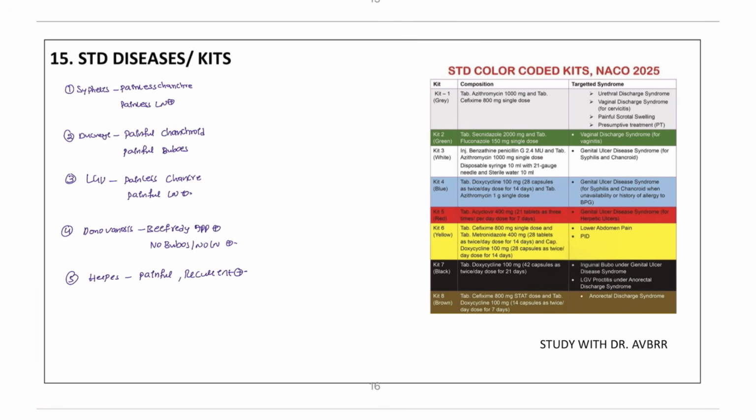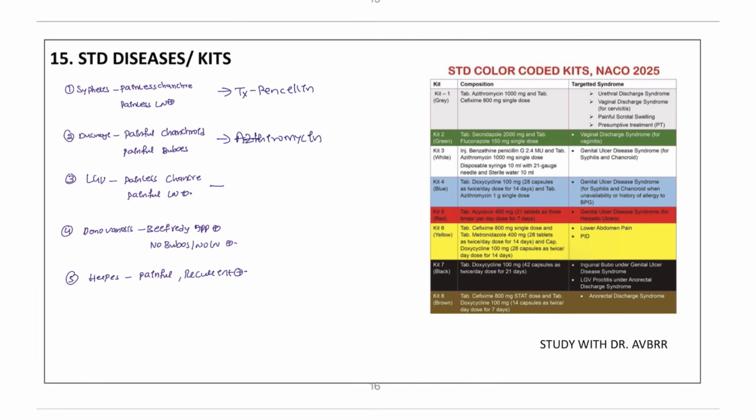Next, coming to the drugs, what you are going to give for these patients. Penicillin can be given for syphilis. Ducrey's is the condition of Haemophilus ducreyi, so in these patients we give azithromycin.